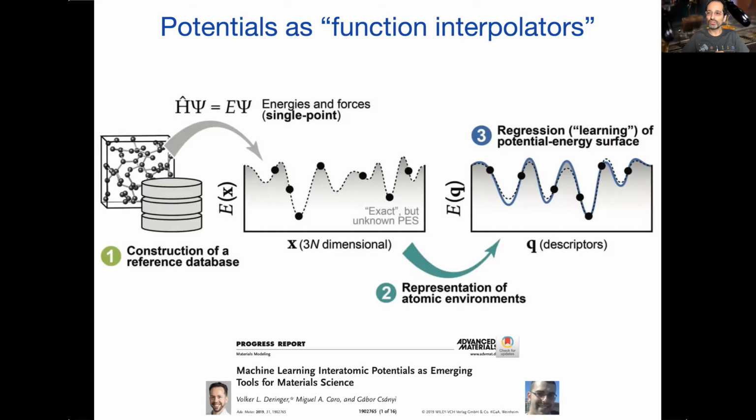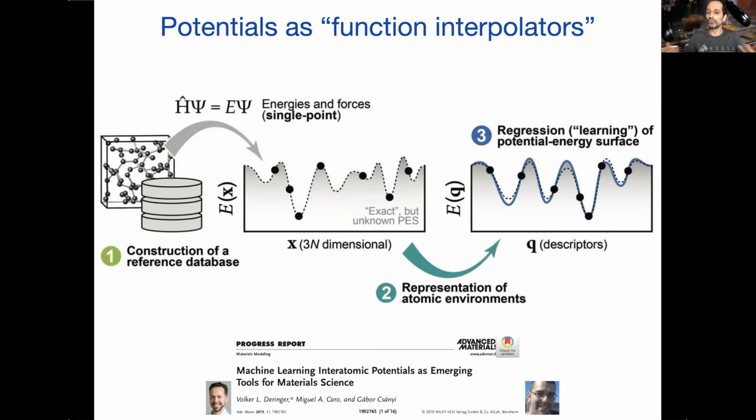So how we use this to make interatomic potentials is as follows. We have some data points in high dimension. We call that a reference database. Very often that comes from density functional theory, a bunch of energies and forces associated with some structure. And they are samples from a very high dimensional potential energy surface.